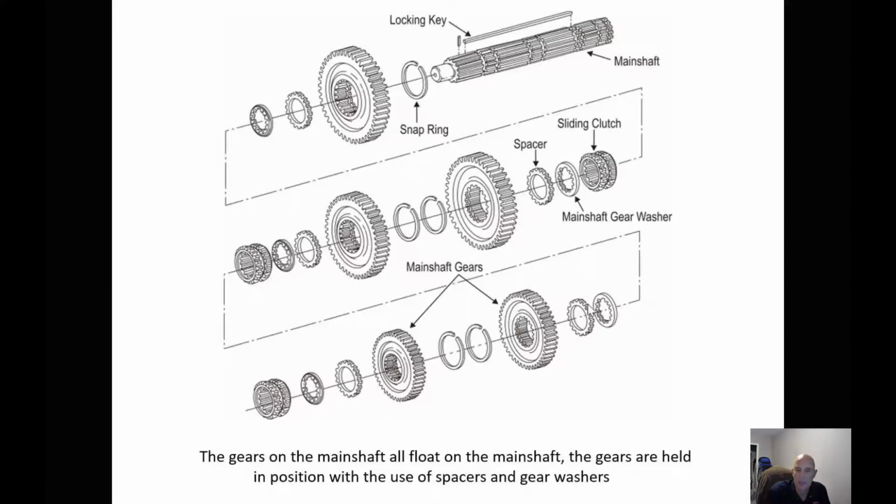The other thing to pay attention to when you're assembling your transmission is to make sure that your gear washers are in the correct order. In some of the transmissions, one of the gear washers is a different thickness, and if you put it in the wrong place, you won't be able to lock your gear in place.